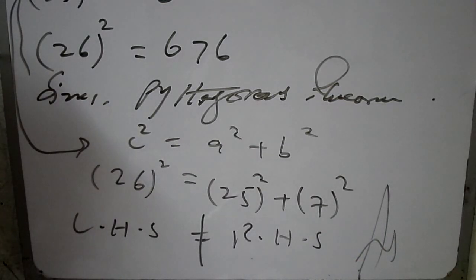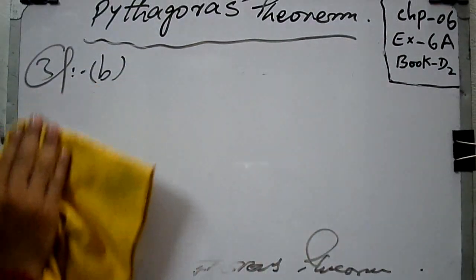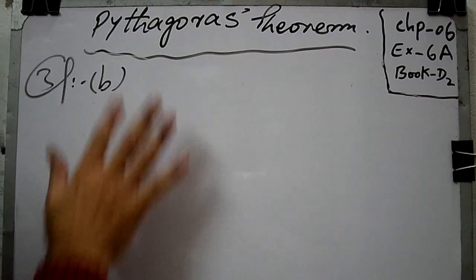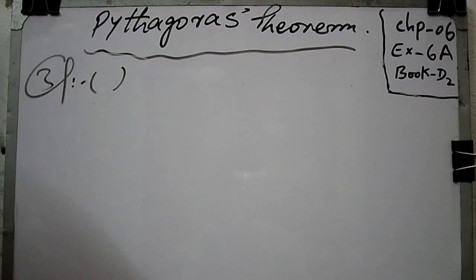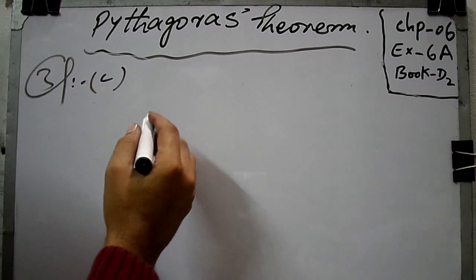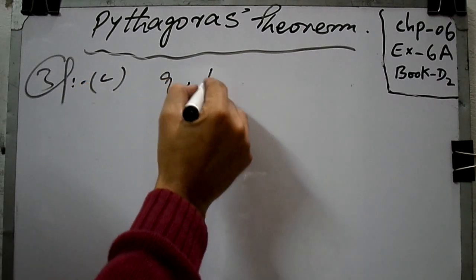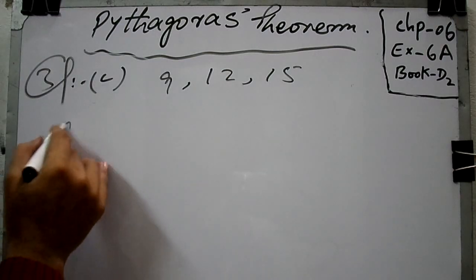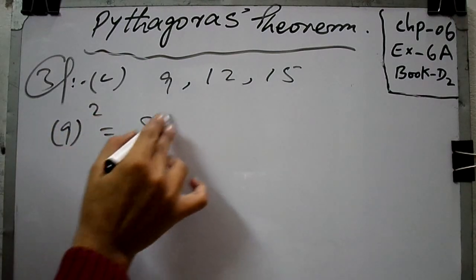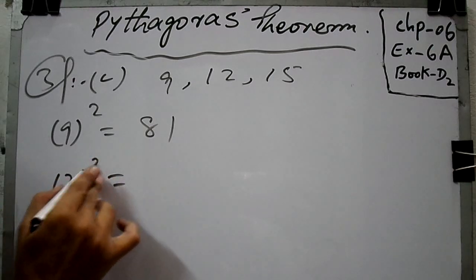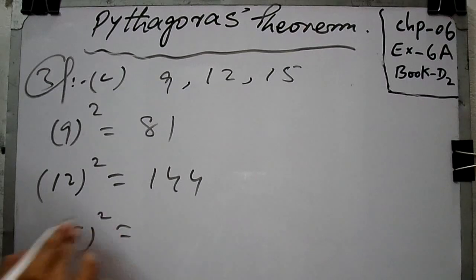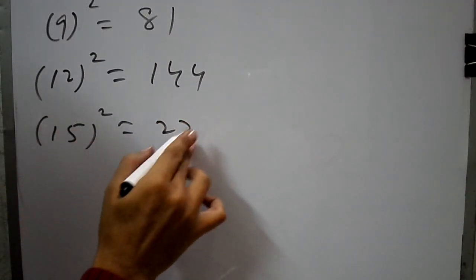Coming to part C, the other triples you can see here: 9, 12, 15. Once again, 9 square you can write as 81, 12 square as 144, and 15 square you can write as 225.